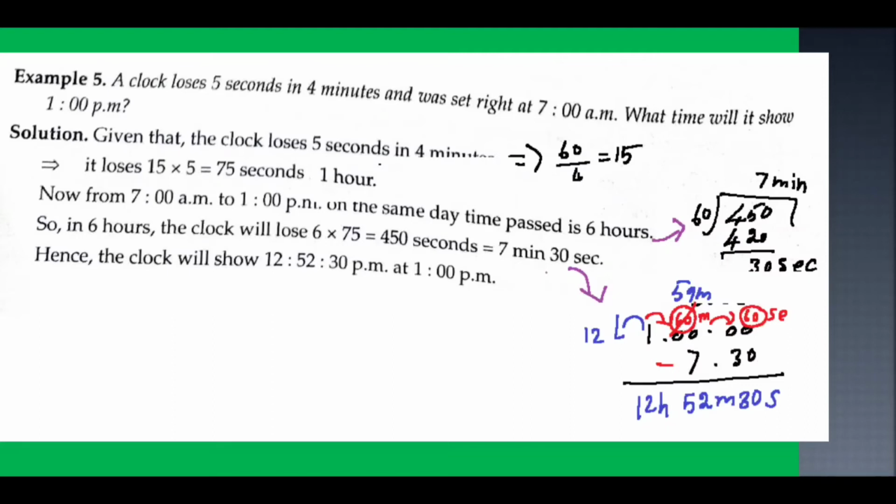When it loses time, we should subtract the lost minutes from the given time. So 1 o'clock minus 7 minutes 30 seconds will give us 12:52:30 p.m.